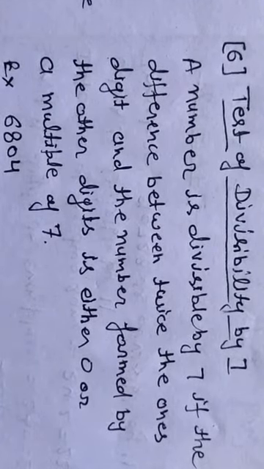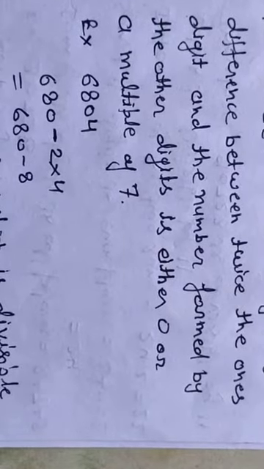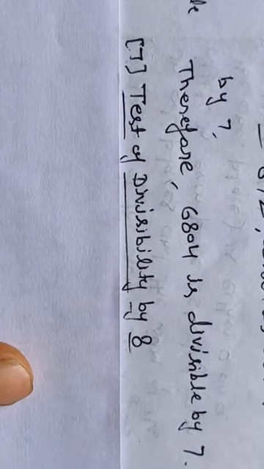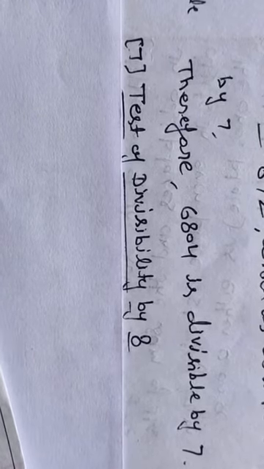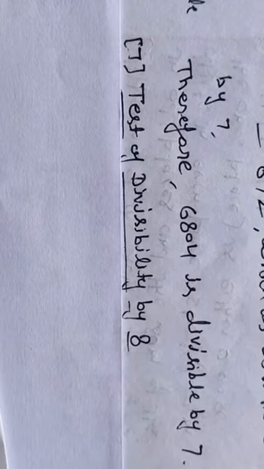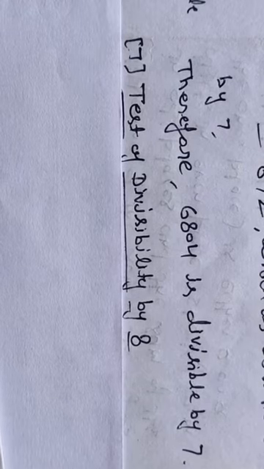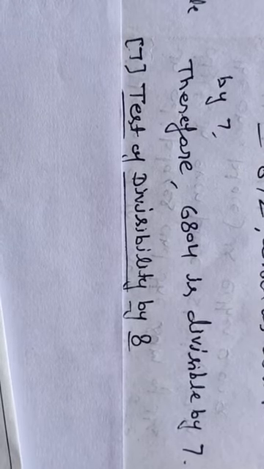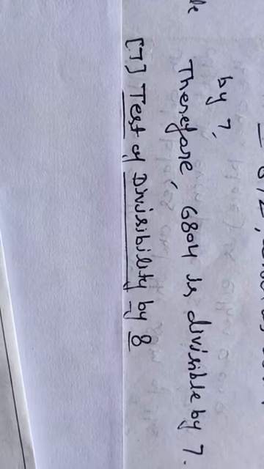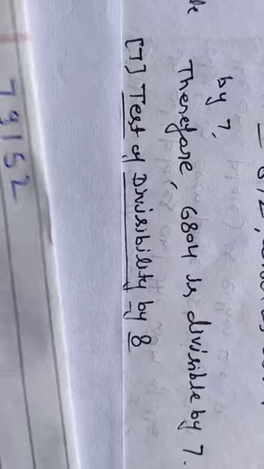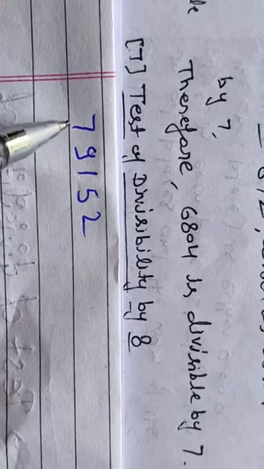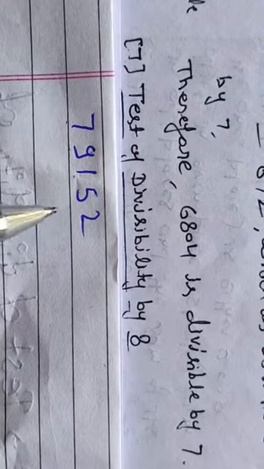Now next is divisibility by 8. Test of divisibility by 8. So how will you check? The divisibility test of 8 is, a number is divisible by 8 if the number formed by the one's place, ten's place and hundred's place digits is divisible by 8. Suppose we have a number 79152.